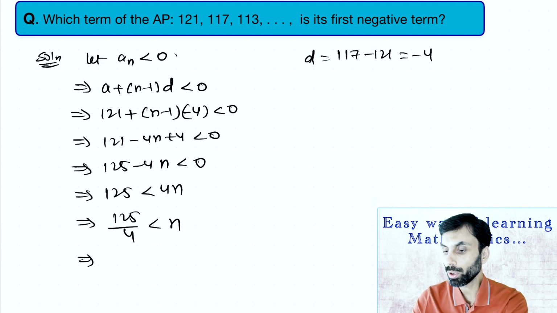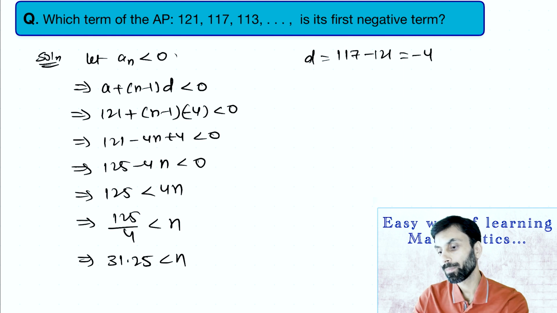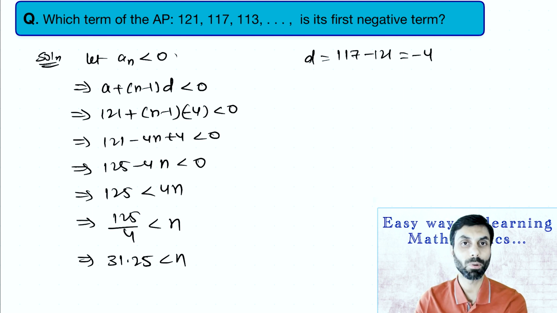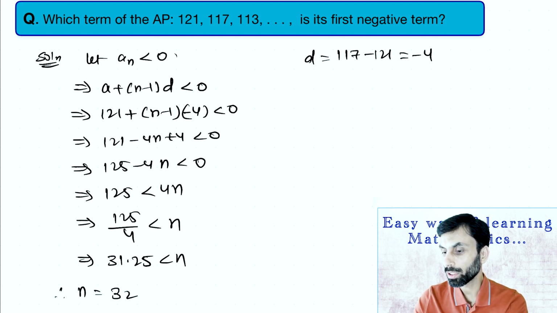So here 125 upon 4 is 31.25. So here the value of n is greater than 31.25, and we know the number of terms cannot be a fraction. So the next term after 31.25 will be 32, and that will be the first negative term. So therefore n equals 32.